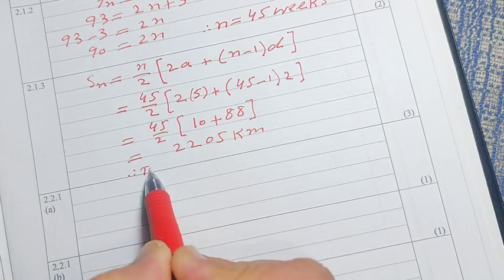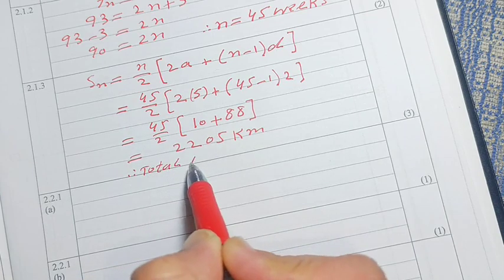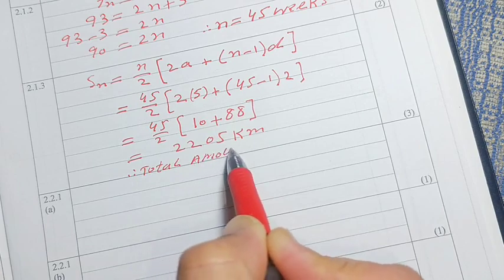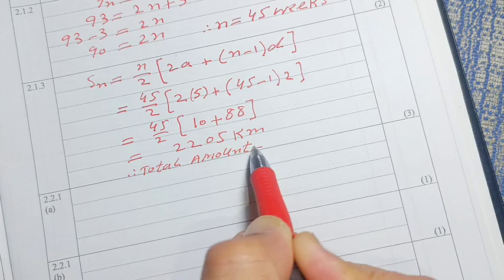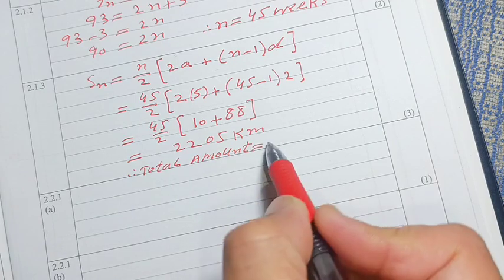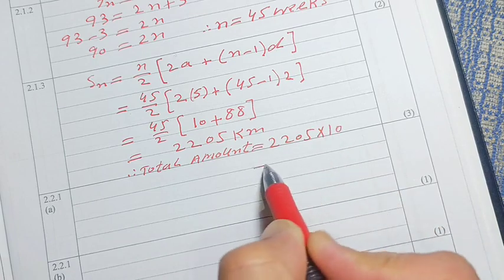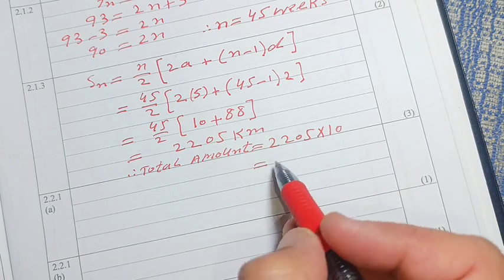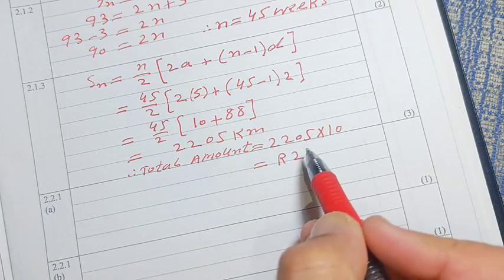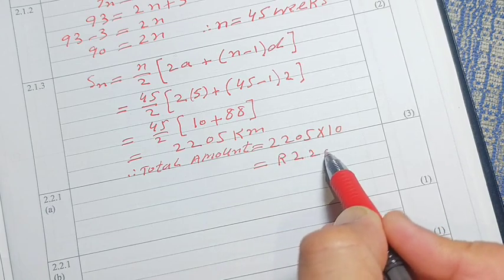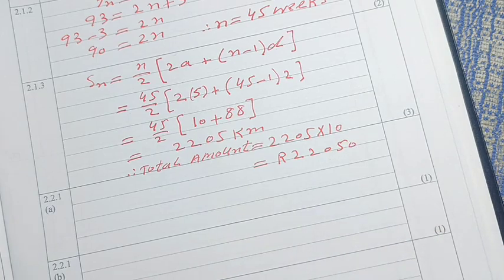Therefore, total amount is equal to 2205 multiplied by 10. So the answer is going to be 22,050 rand. That is the total amount she raised.